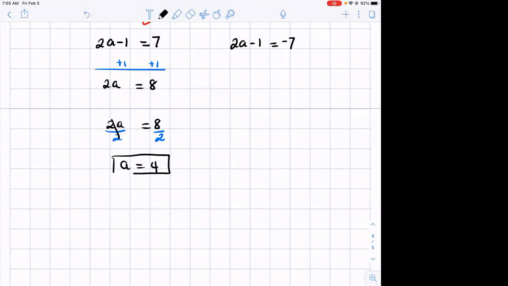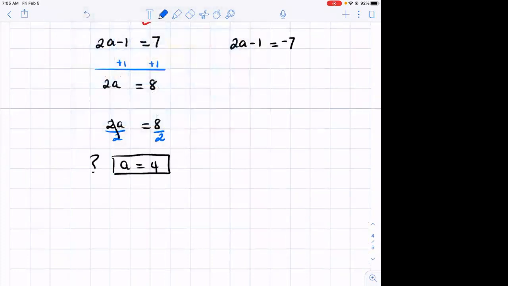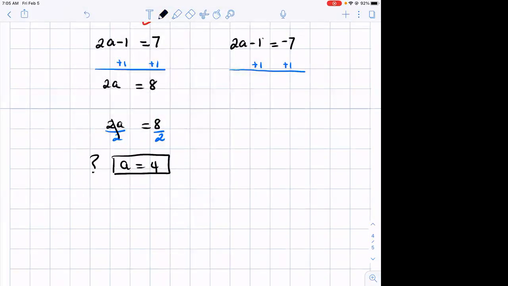Now, this is not an answer. You still have to do something. Let's look at the other side. Because you have to solve both sides, you will add 1. These will cancel, so you have 2a is equal to minus 6.